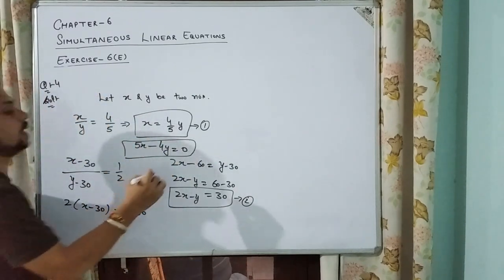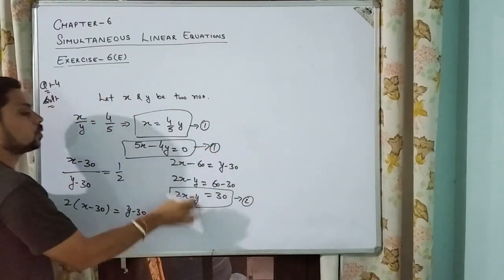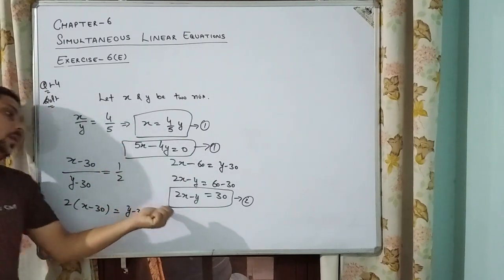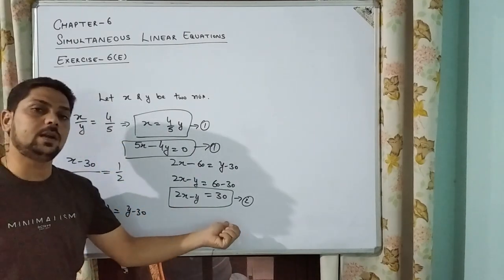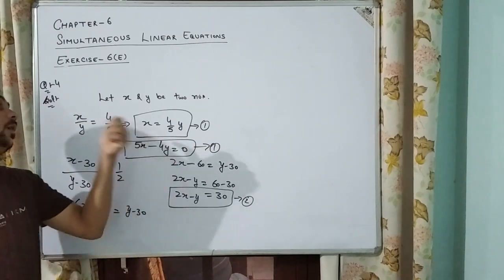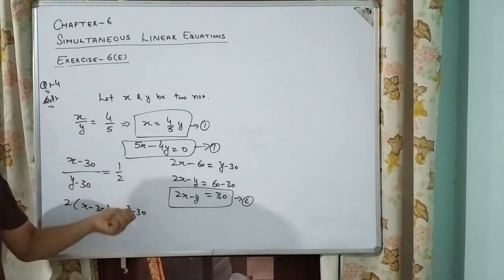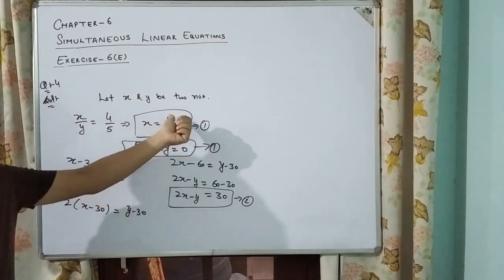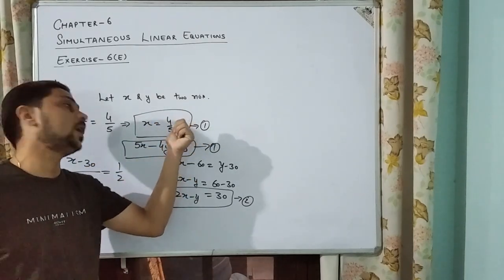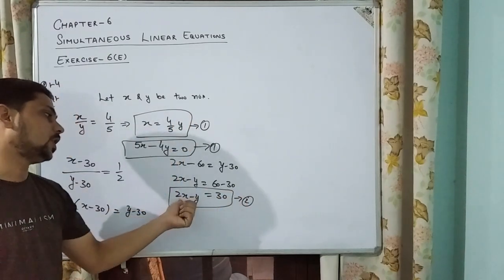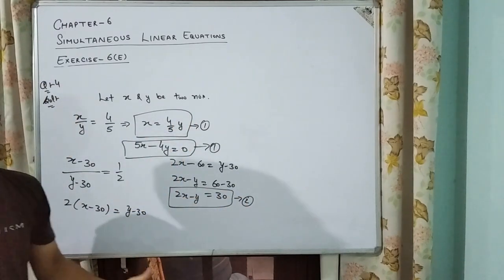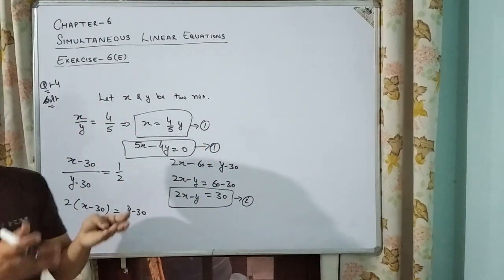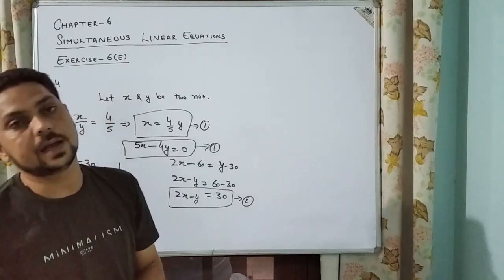So now you can solve this equation by elimination by equating the coefficient, or your cross multiplication method, or you can use this value x is equal to 4y upon 5 and substitute this value here. Use the method of elimination by substitution. Solve these two equations by yourself and you can have the value of your x and y.